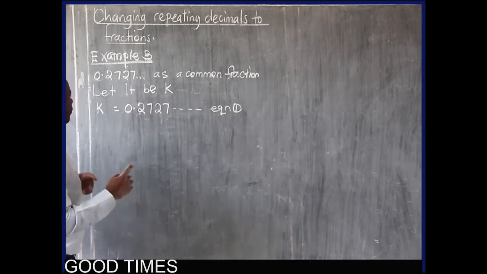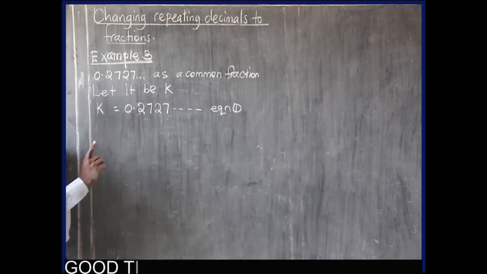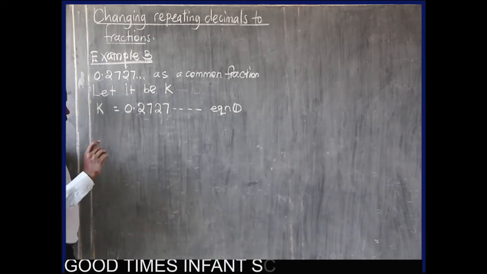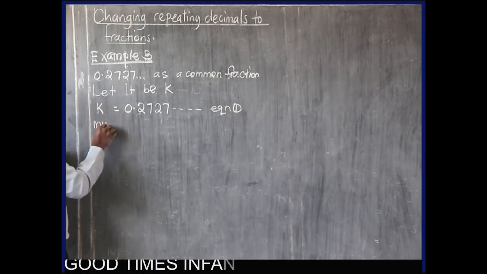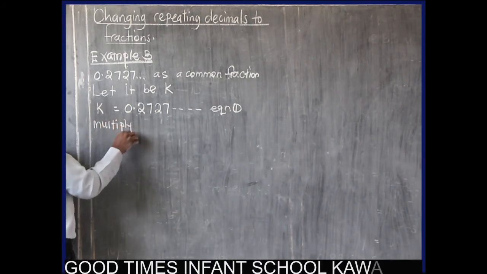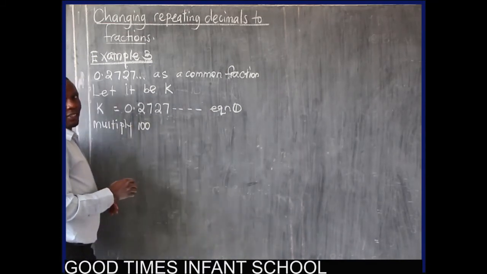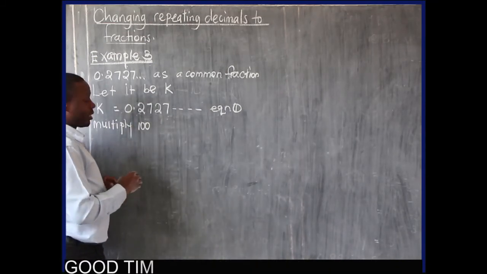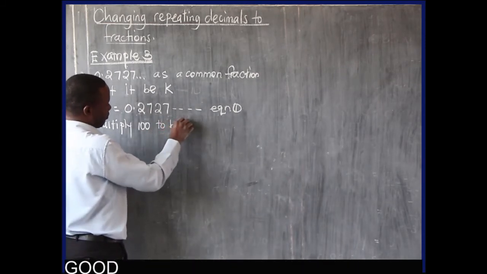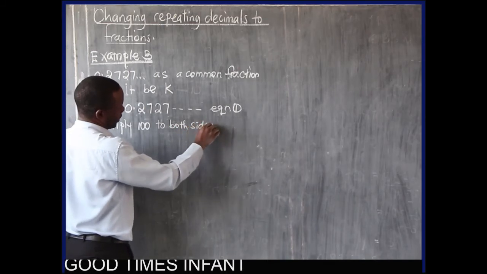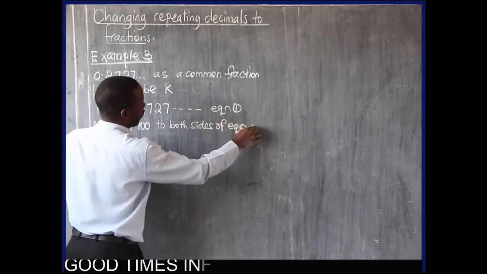Now, when we have 2 decimal places, what do we do to make that number a whole number? We multiply by 100. So we shall say then, multiply both sides of equation 1 by 100.